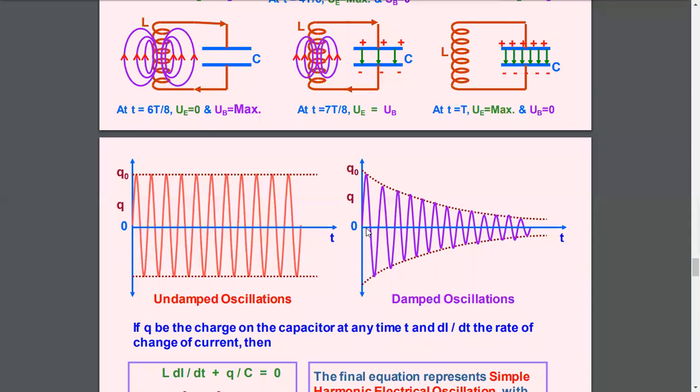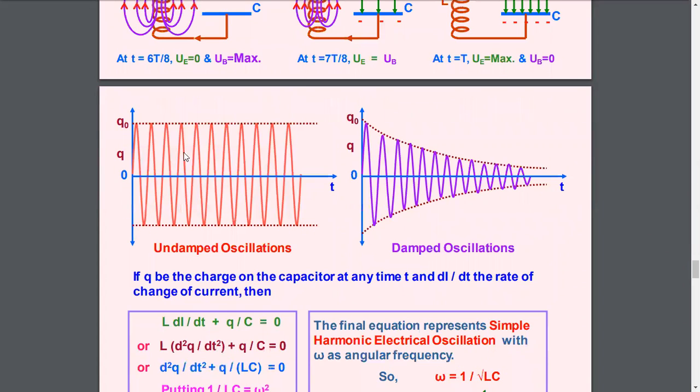So a certain amount of energy that was initially stored in the capacitor is now being dissipated in the form of heat and transferred to the surroundings. That's why the amplitude of oscillation will go on decreasing, and this process is called damped oscillation.